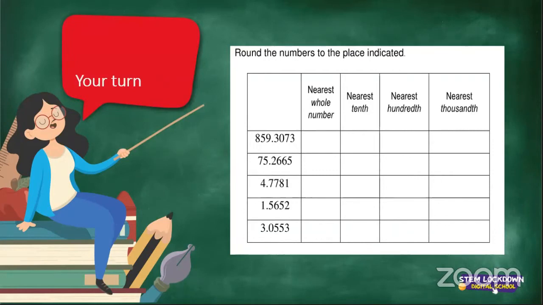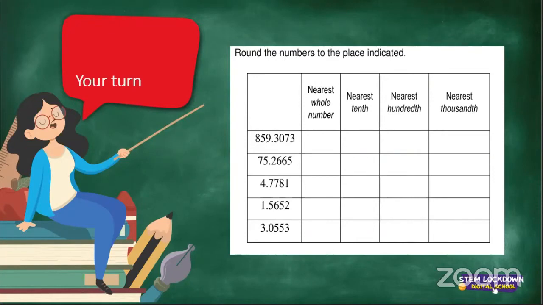I see 75.7, 75.2. The correct one is 75.3. Remember, you are rounding off to the nearest 10. And the number that is on the right of 2 is 6. 6 is bigger than 5. So we add 1 to 2. So it will be 75.3.